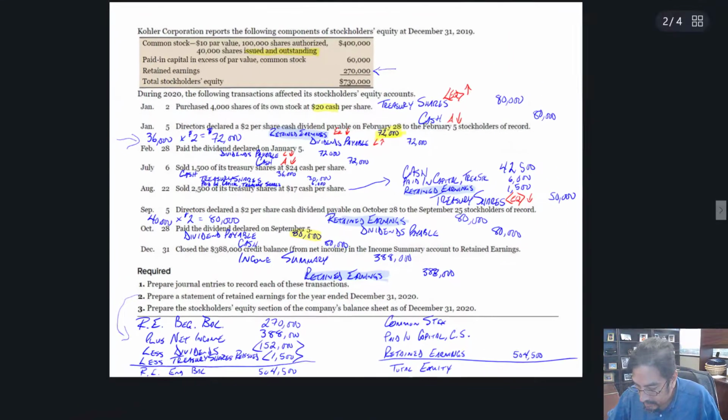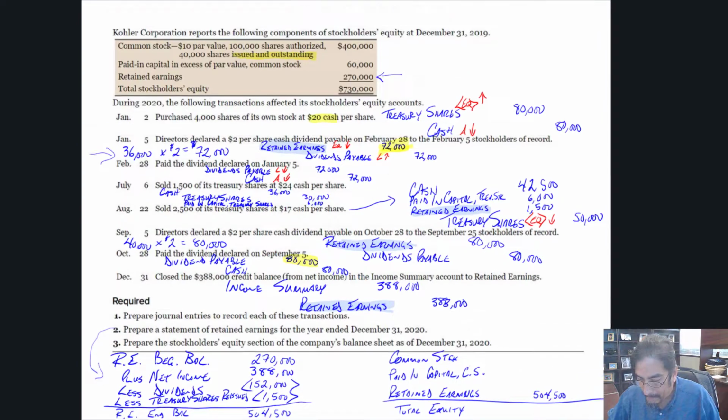So the common stock: we started with 400. We bought back 4,000 treasury shares, but then we sold it again. And we didn't issue any more shares. So we're still at $400,000.